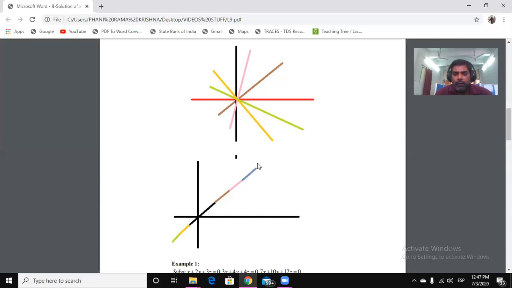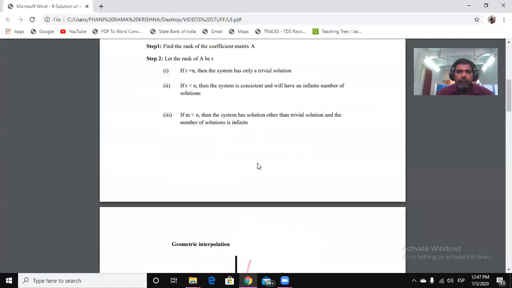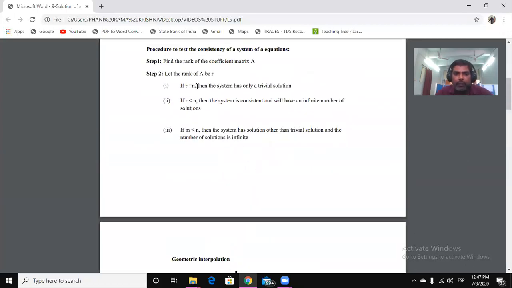But whether it is unique or infinite depends upon the rank of the matrix. If the rank of the matrix is equal to the number of variables, then the system has a unique solution, that is a trivial solution. If rank is less than the number of variables, then the system has infinitely many solutions.